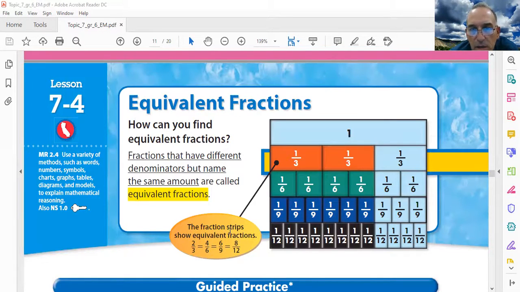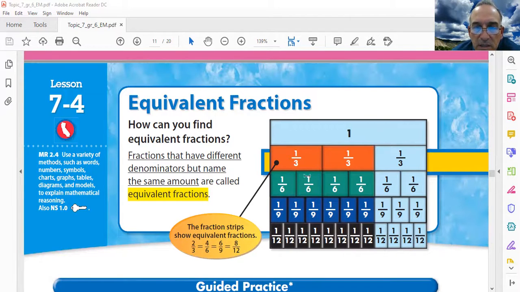Let us take a look at equivalent fractions. Look at these orange ones right here. Notice that, for example, if I have 1/6 and 1/6, 2/6 is the same as 1/3. Notice here are the key words: same amount, different number.